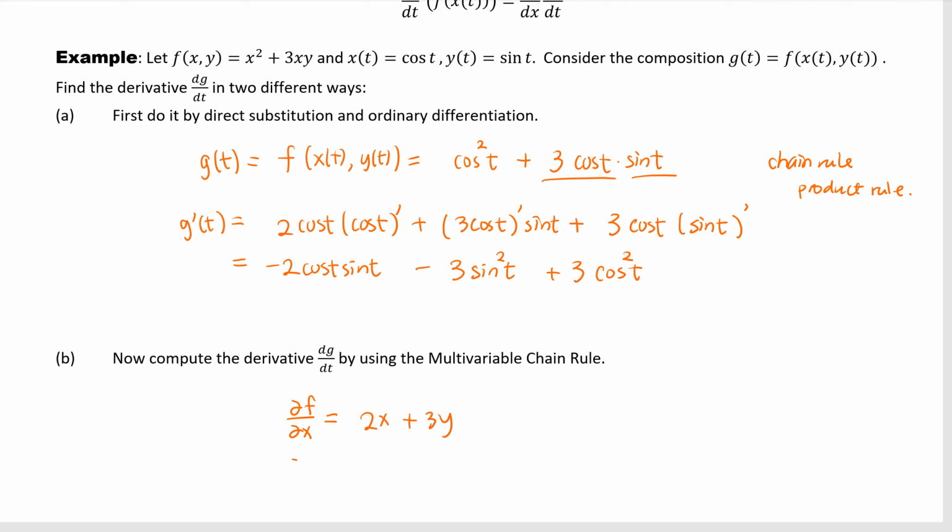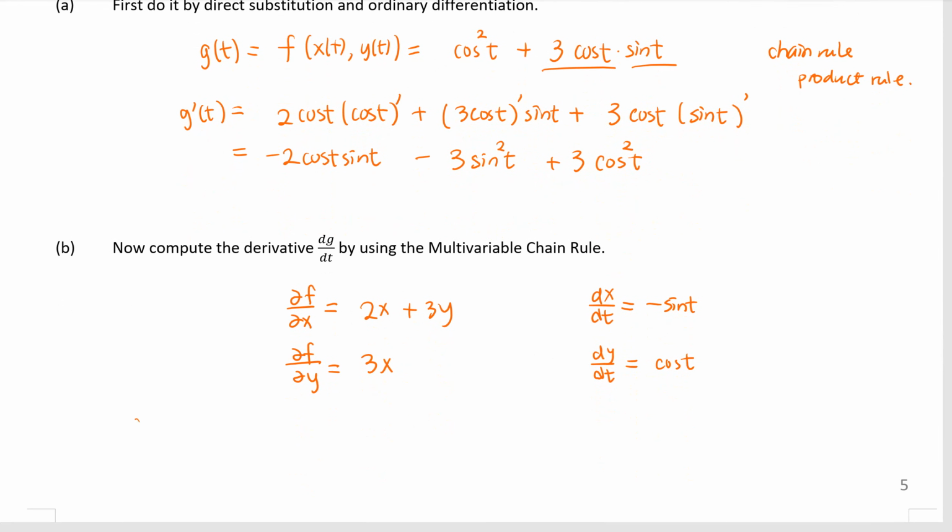Partial f partial y is derivative of x squared, because it's a constant, so the derivative is 0. And then 3xy, derivative of y is 1, so we just get 3x. And then we have dx dt. Derivative of cosine is minus sine. dy dt. Derivative of sine is cosine t.